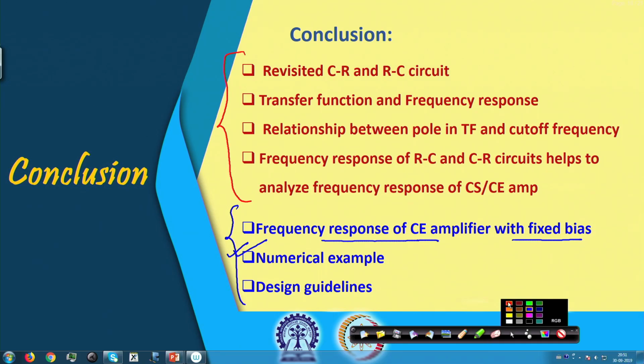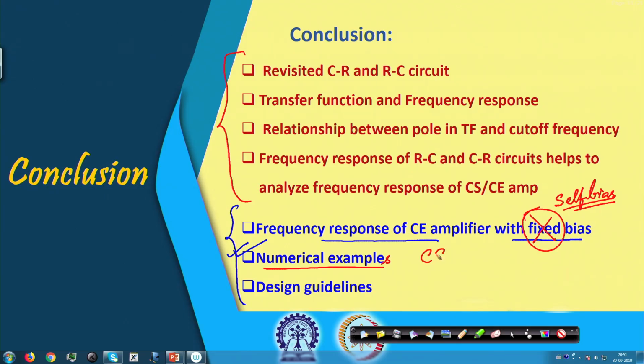Sorry, this is self bias. Today we have discussed the self bias part, not the fixed bias. This is a typo. So we have covered the numerical examples for common source and common emitter, with and without CE and RE, and that indirectly gives us some design guidelines.